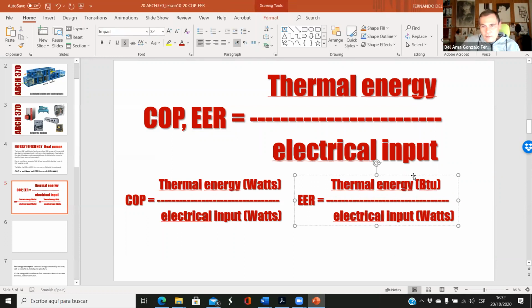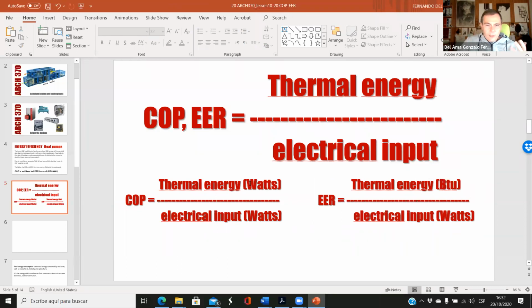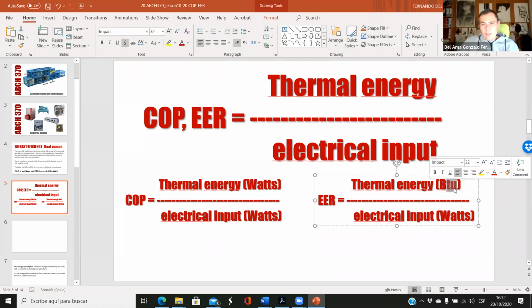Because there are countries that are using BTUs, and for them it's difficult to turn BTUs into watts. There are a lot of manufacturers, providers, and people installing these kinds of things, and they are used to BTUs. If we changed now, it would be a mess. Eventually it will happen, but so far we have these two concepts.